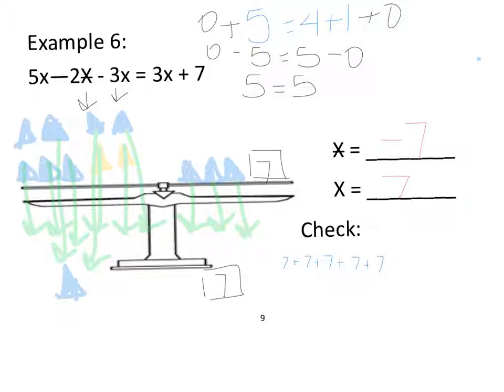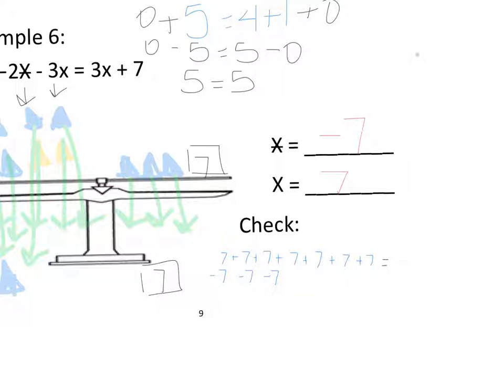And then we added those 0 pairs, which gave us those other 2 that we added. So we have plus 7 plus 7. And then we took away 3 of them. Minus 7, minus 7, minus 7. And then on the other side, we have 3 x's, 1, 2, 3.